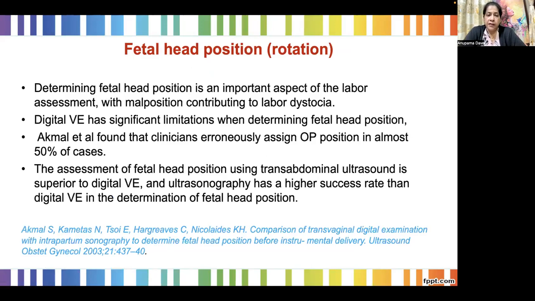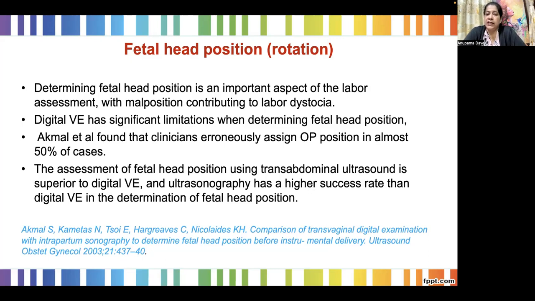The next parameter, fetal head position, mainly to assess rotation of fetal head. Determining fetal head position is an important aspect of labor assessment, with malposition contributing to labor dystocia. A digital vaginal examination has significant limitations when determining fetal head position. At times, we are unable to find the sutures, or if there is caput, then we are unable to ascertain the exact position.